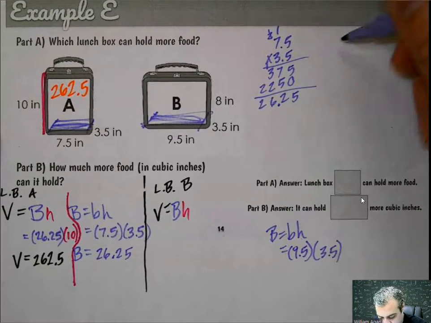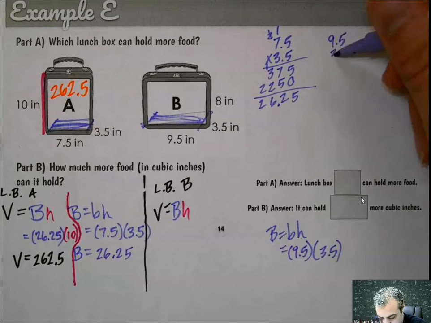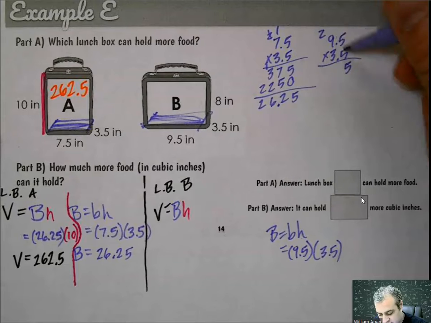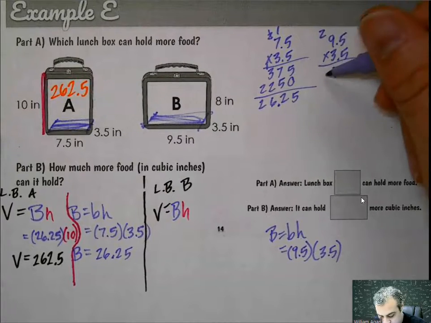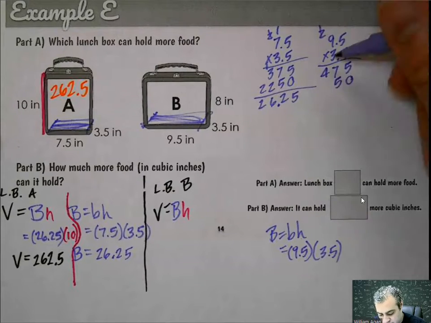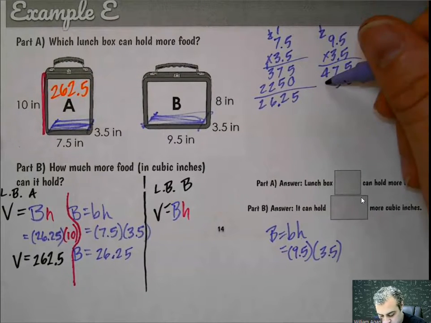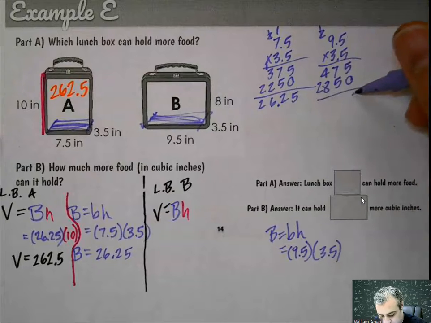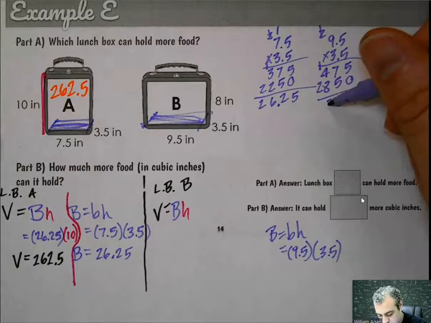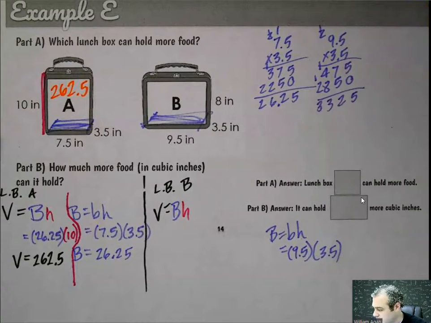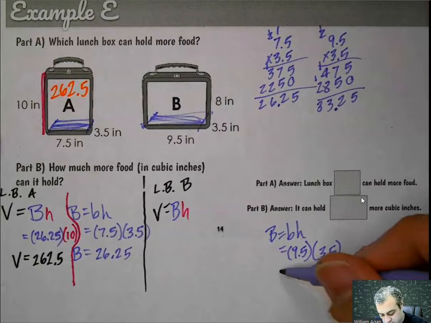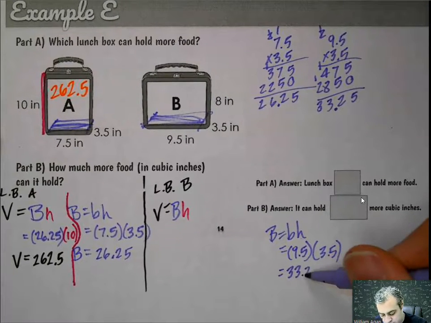Okay, I need to do that multiplication. 5 times 5 is 25. 5 times 9 is 45, plus 2 is 47, put a 0. 3 times 5 is 15. And 3 times 9 is 27, plus 1 is 28. Add this all up. And I get 33.25. I have two numbers behind the decimal, so my decimal needs to go right there. 33.25.